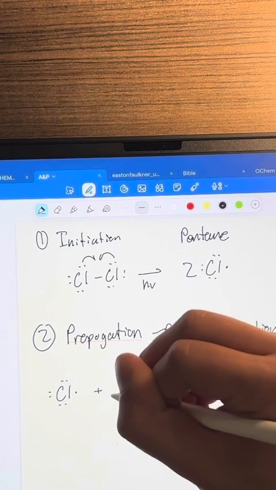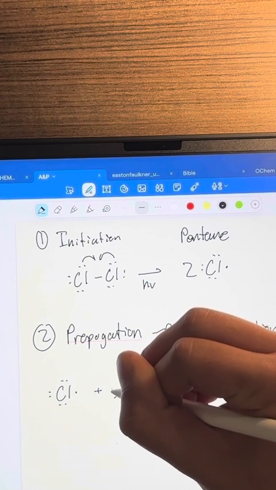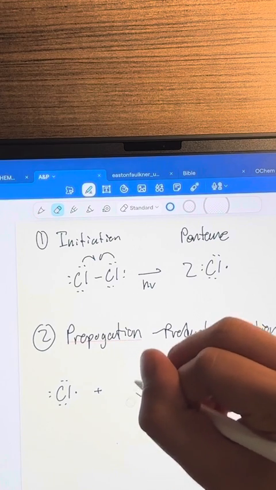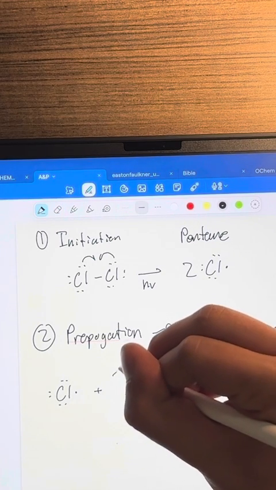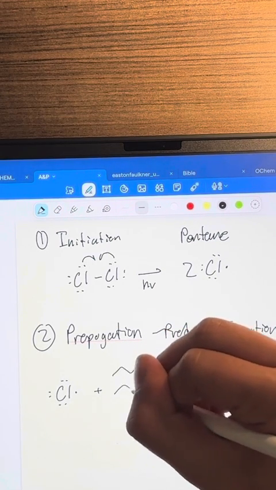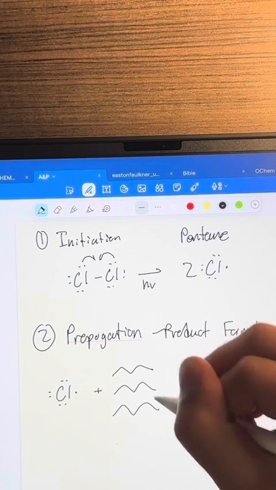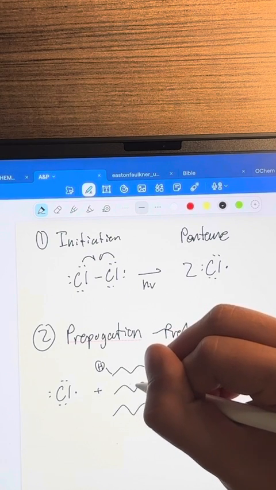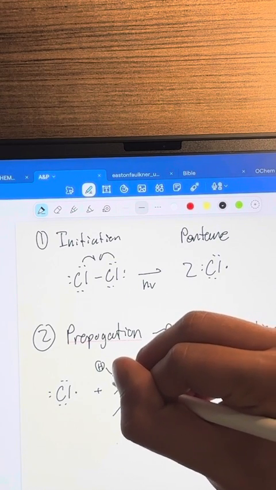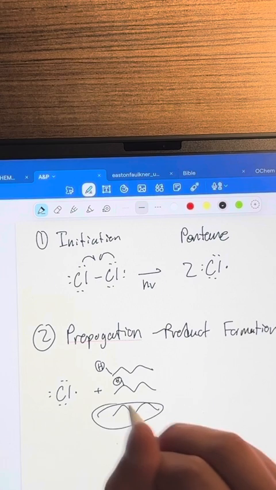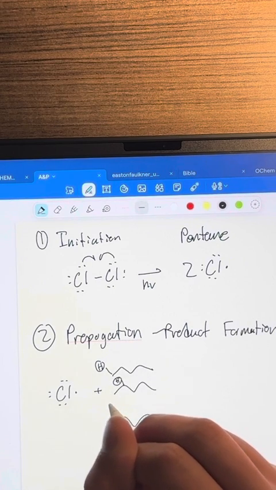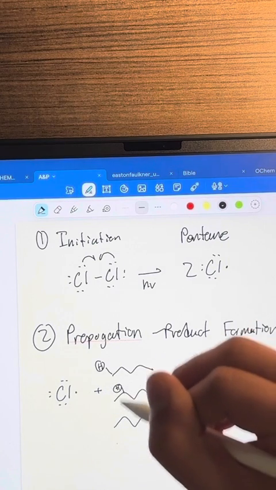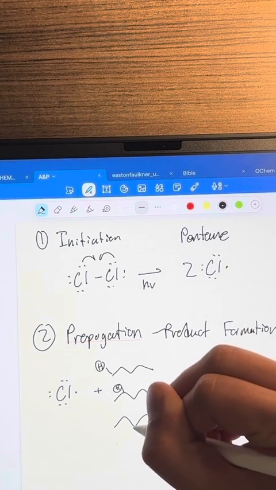This can actually happen at 3 different locations to give us 3 different products. So I'm going to write this 3 different ways, with a hydrogen here, a hydrogen there, and then a hydrogen here on this middle.